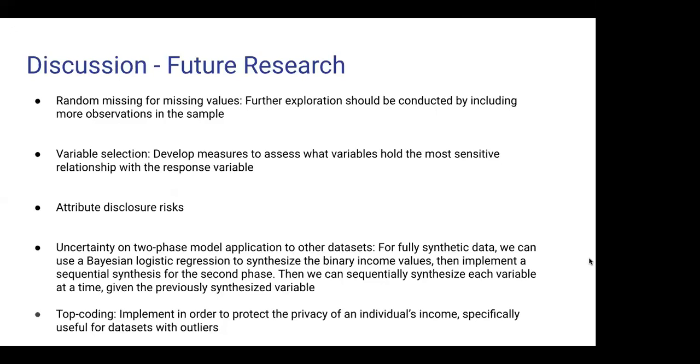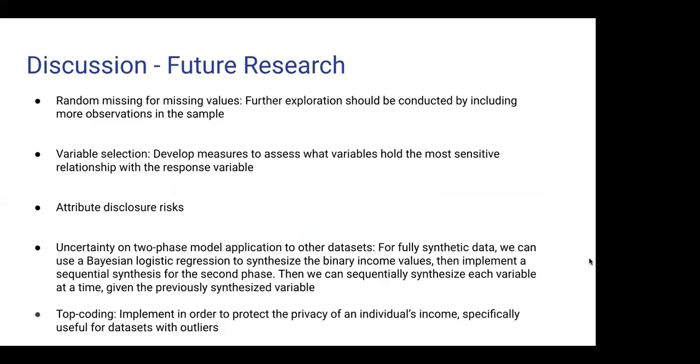And to address the uncertainty on the two-phase model, we could try a full synthesis. And so we can use the first part for the logistic model to split the binary values for income. And then we can use sequential synthesis for the second phase, and then fully synthesize all the variables that we include in the model.